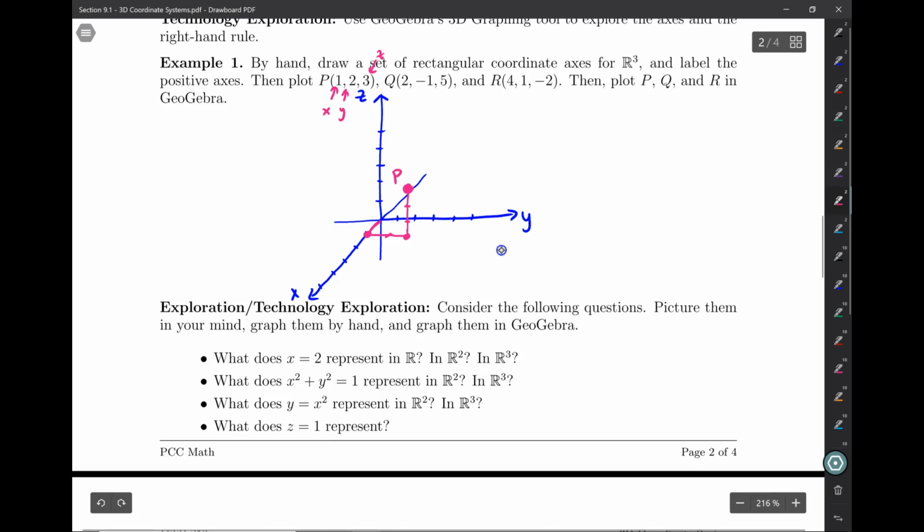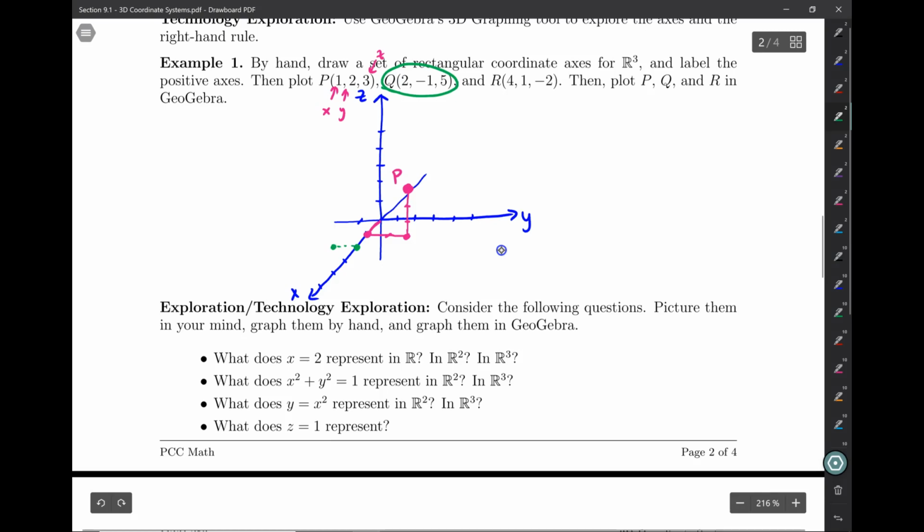Now let's do Q. I'll use a different color for that one: (2, -1, 5). Here we go. We're going to start off with x is 2. That's right here. Then -1, so I need to go in the negative y direction, right about there.